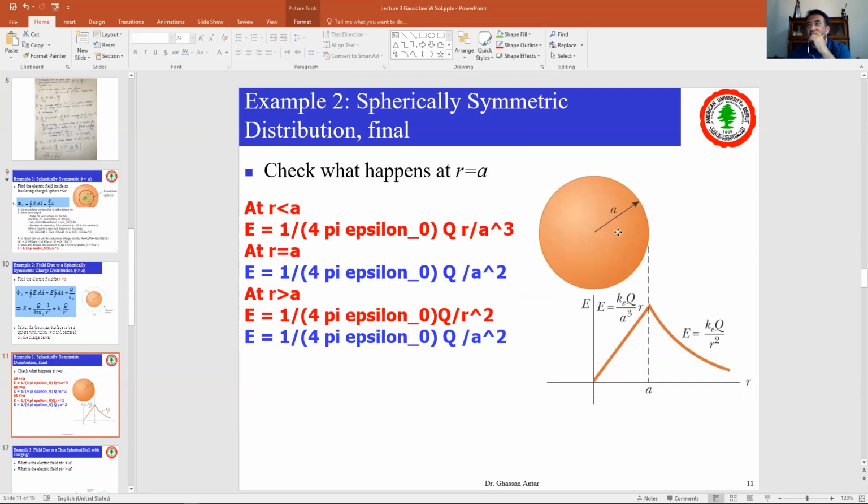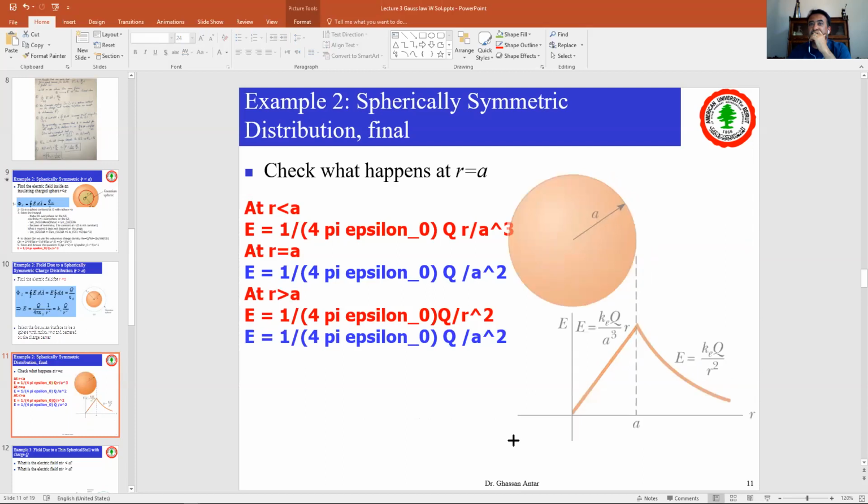So globally for a sphere, at R smaller than A, the electric field increases linearly with R until a certain point, which is the surface. And then outside the surface, the electric field decreases as 1 over R squared. This really demonstrates that whether you solve from outside or from inside, at the surface it's the same electric field, which is 1 over 4 pi epsilon 0 Q divided by A squared.